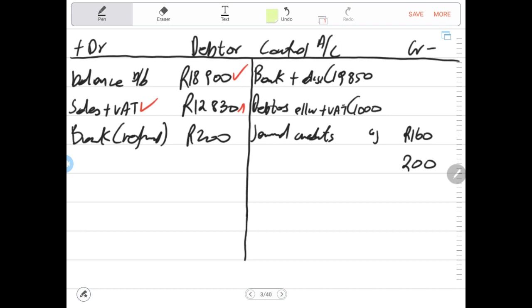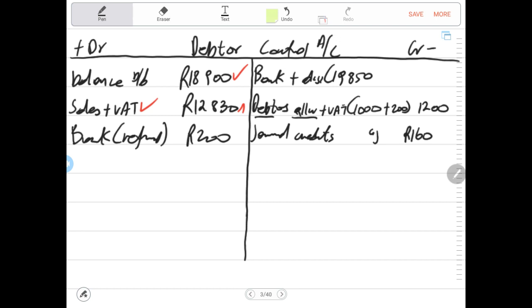What will be our description? It is debtors and allowances. We already have debtors and allowances, so we can just record it in the same line under debtors and allowances. That will give us a total of 1,200 rand. This is debtors and allowances. And then we have recorded that.